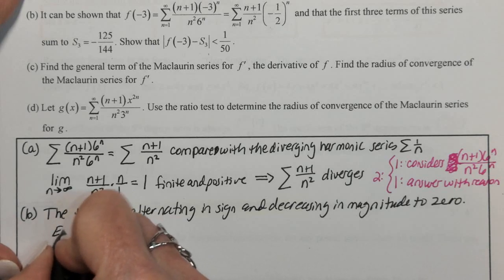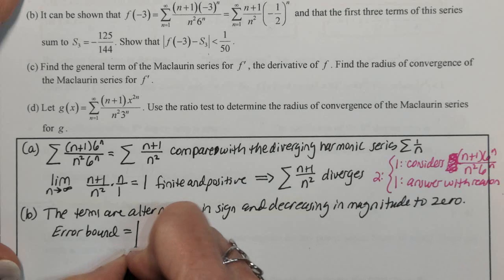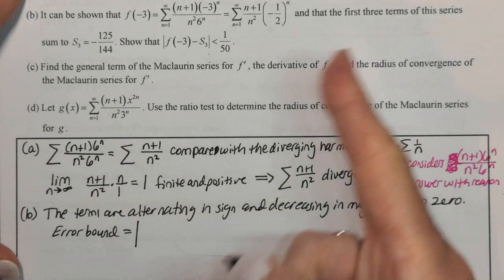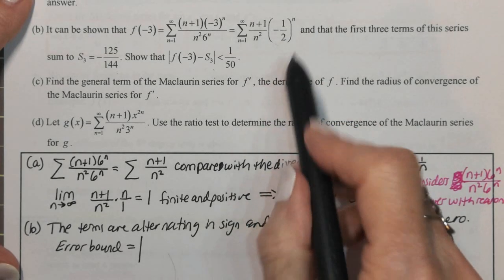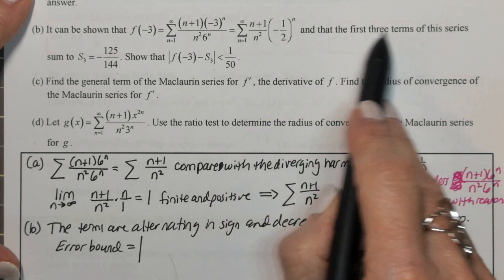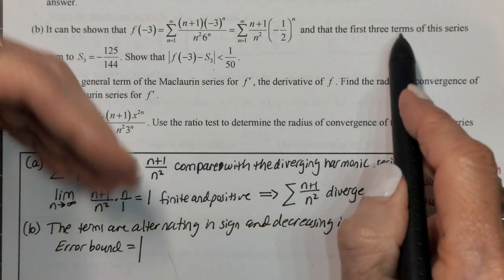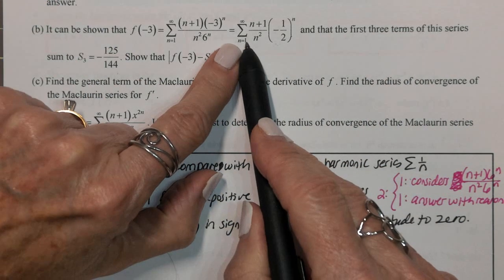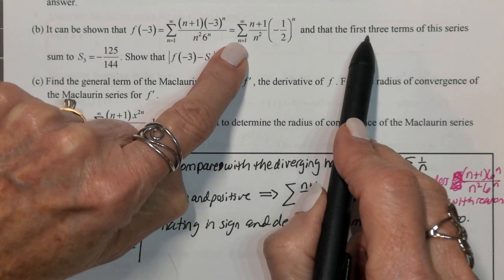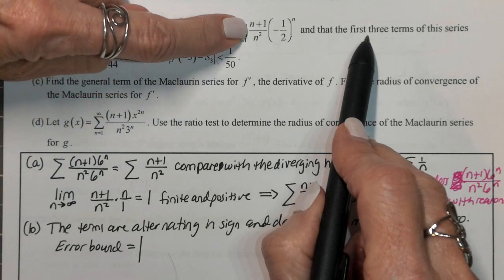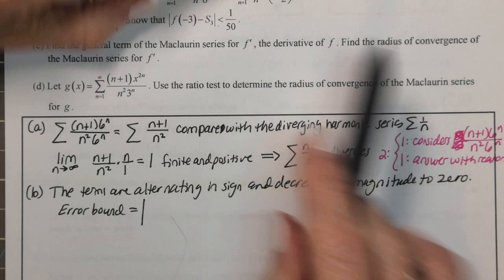So the error bound is the absolute value of the first unused term. Okay? So they used the first 3 terms in the sum. We want the 4th term. Since we started at 1, the 4th term will be when n is 4. So I'm going to take this and put n is 4 in and make it the absolute value.